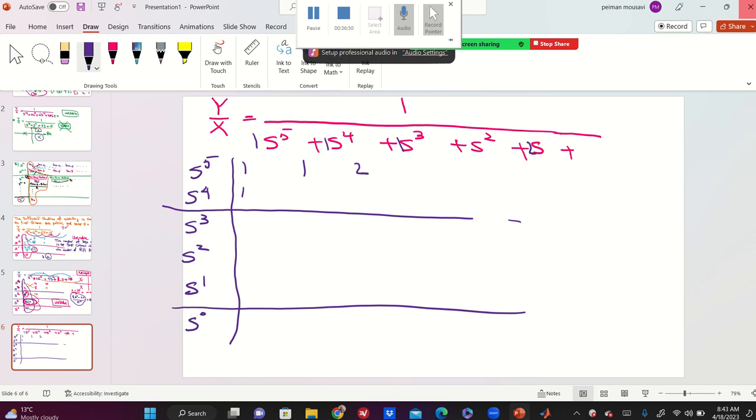Let me figure out because I'm drawing with you. 1, 1, 2, 1. 1, 2, 1, 2.